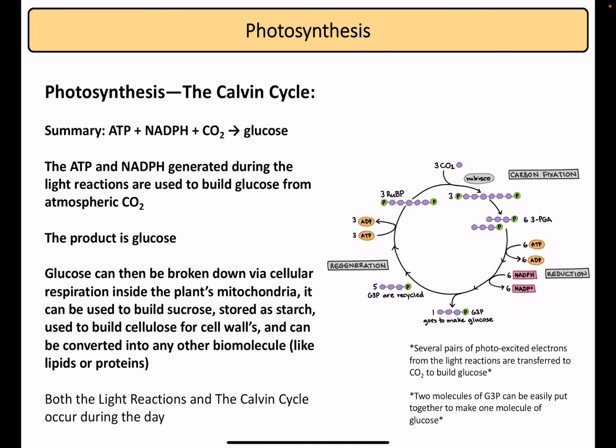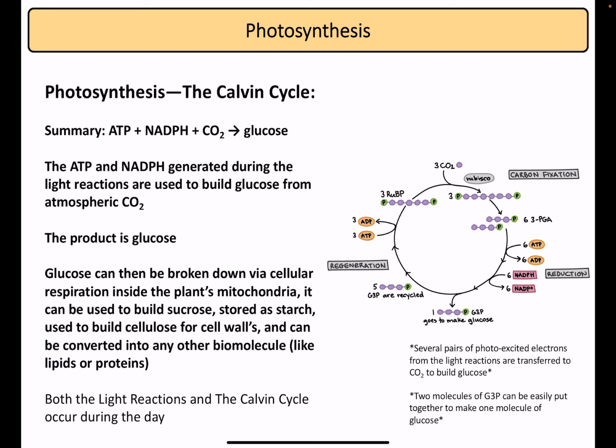So that's it for the Calvin cycle. What is the major product of this whole process? Well, it's the major product of all of photosynthesis. It's glucose, which is food. Where does this occur?